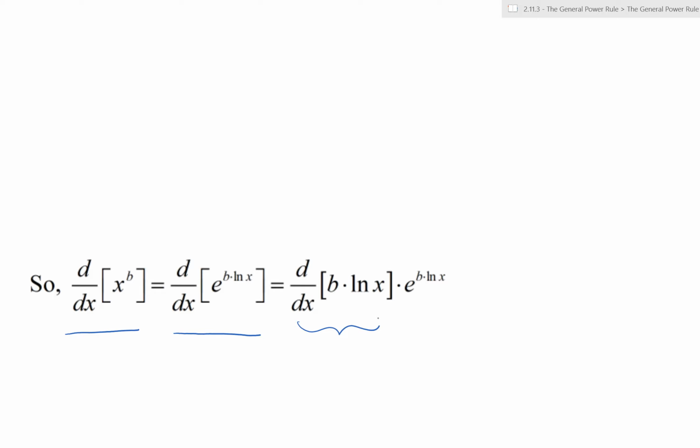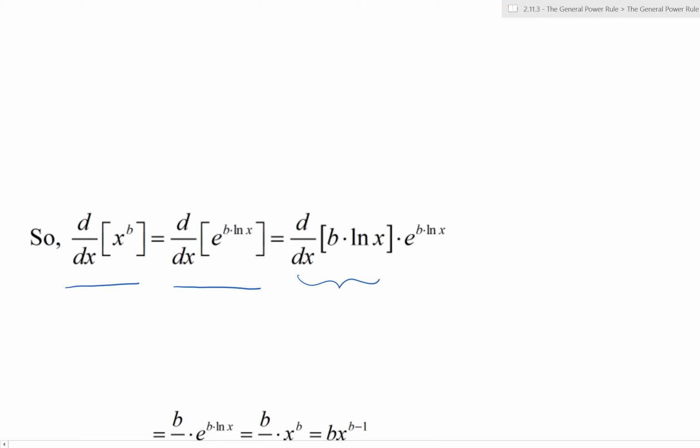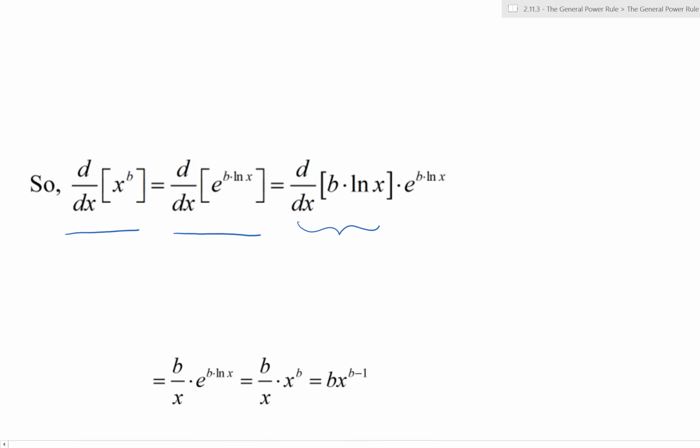The derivative of ln x has been established. That is 1 over x, and hence what do we get? We get b divided by x times e to the power of b times ln x. But of course, e to the power of b times ln x is just x to the b. And right here, if we simplify, x to the b divided by x is x to the b minus 1.